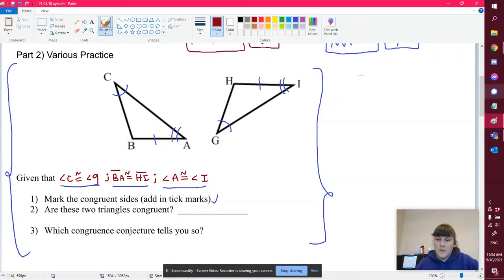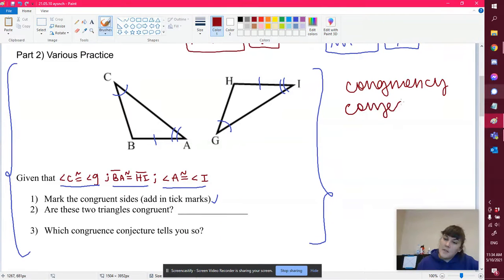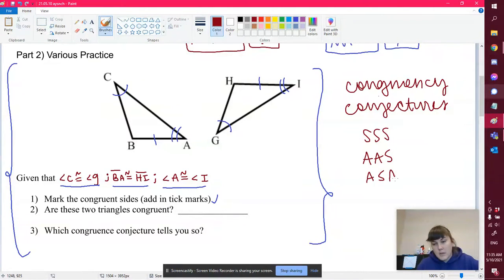Let's see. The congruency conjectures are side, side, side; angle, angle, side; angle, side, angle; and side, angle, side. This one, we've got an angle next to another angle next to a side.